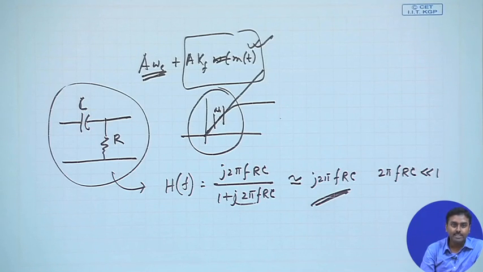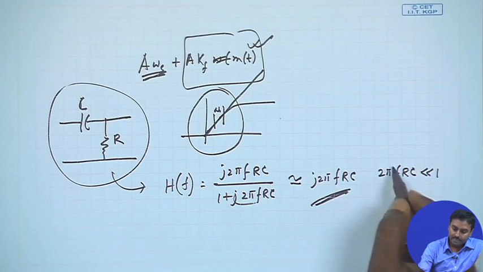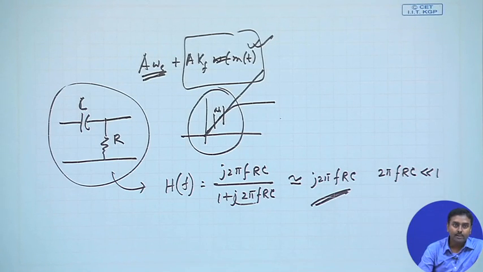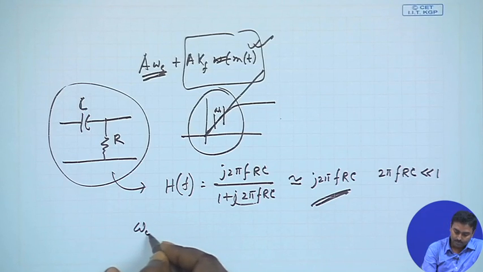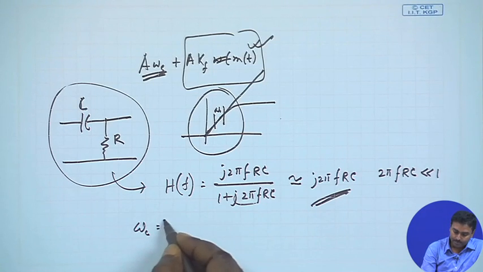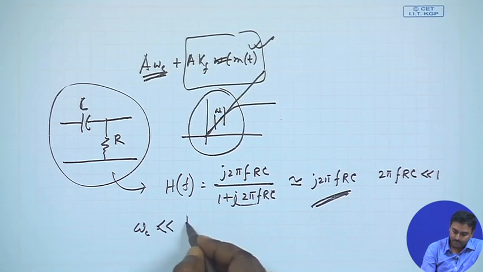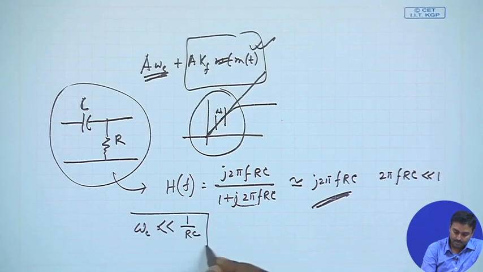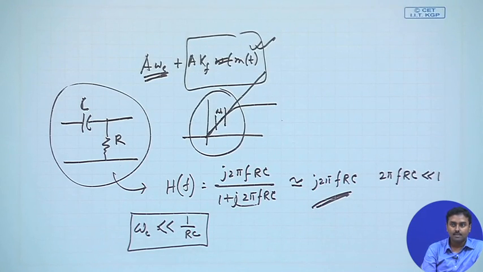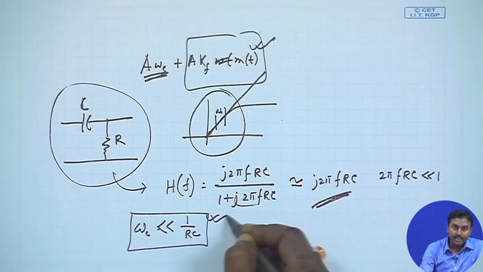So, now I can get a condition on my omega c. What I can do, this 2 pi f c let us put as omega c. So, omega c must be much less than 1 by RC. Okay. So, this is the condition I get.